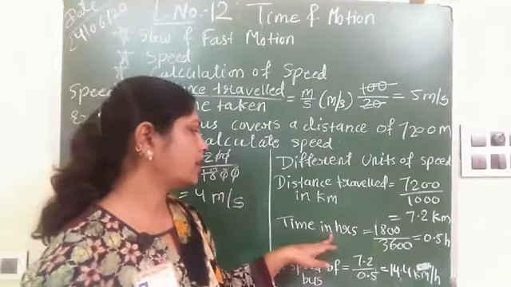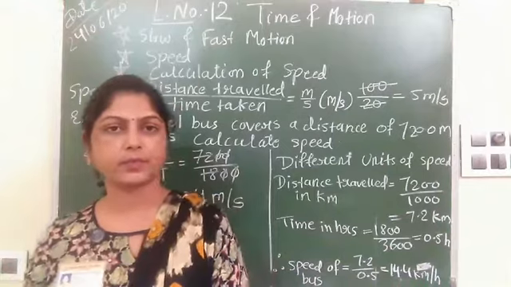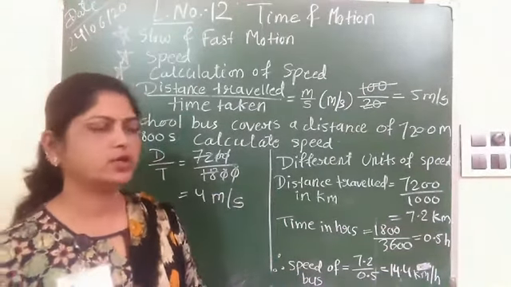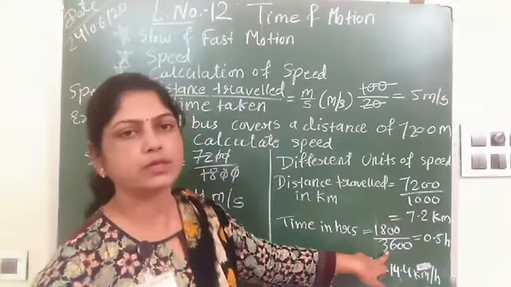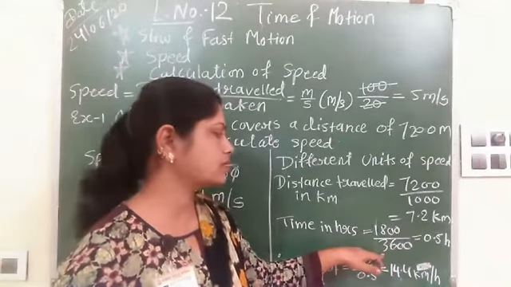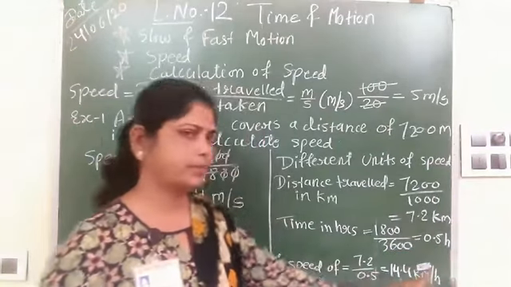Now time in hours. 1 minute is equal to 60 seconds, then 1 hour is equal to 60 minutes. So 60 into 60, 3600. Then 1800 divided by 3600 comes 0.5 hours.